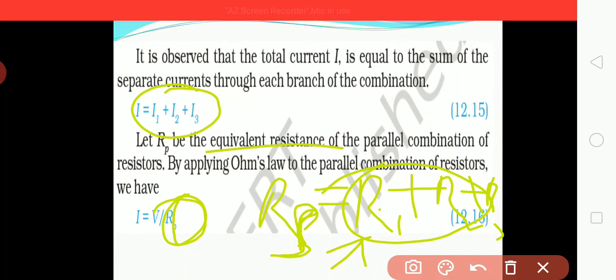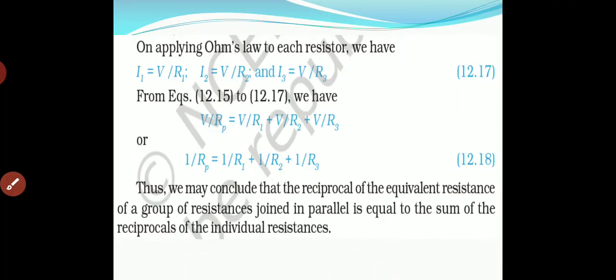We have the formula I = V upon Rp. Here, by Ohm's law, I1 = V upon R1, in the same way I2 = V upon R2, and I3 = V upon R3.